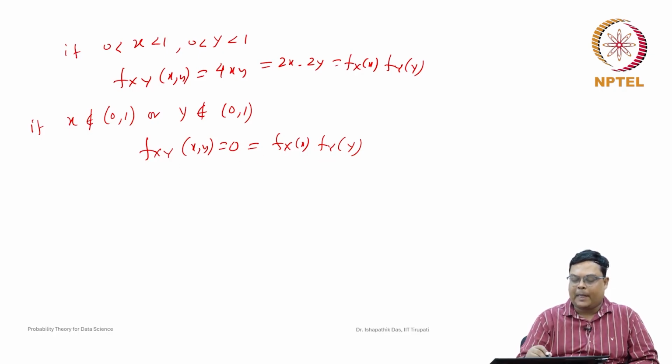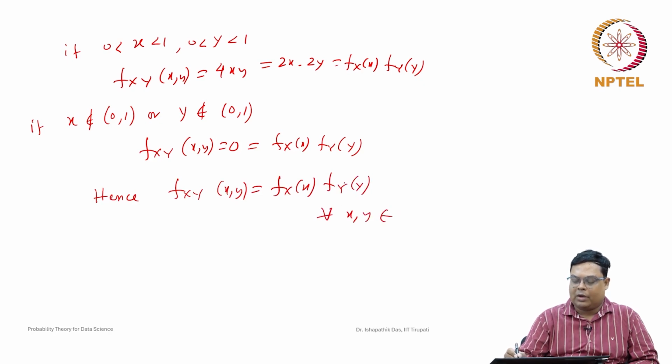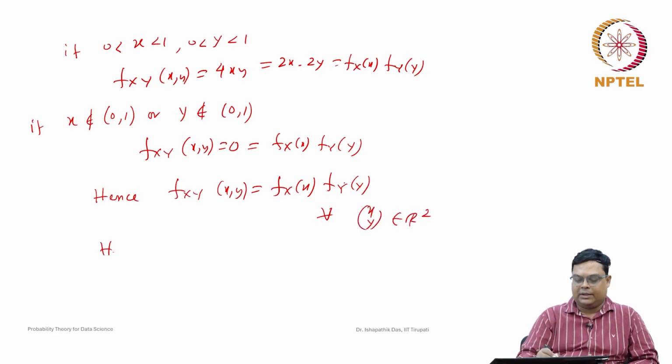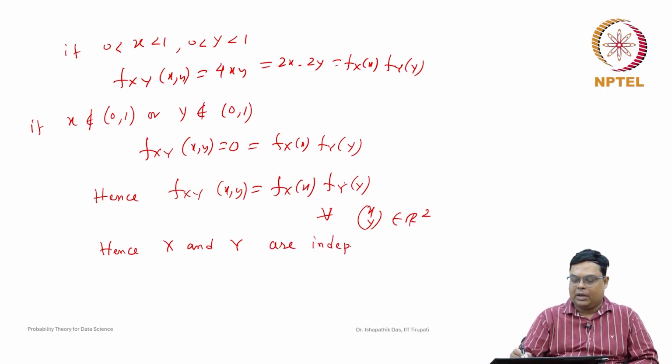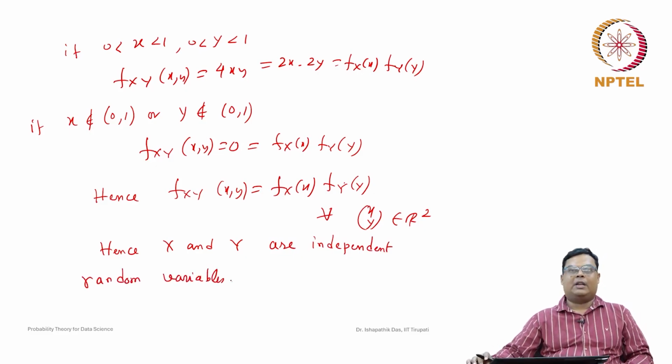So what we found is that f_XY(x,y) is equal to f_X(x) into f_Y(y) for all (x,y) belonging to R, or this vector belongs to R squared. Hence, by the definition of independence, X and Y are independent random variables.